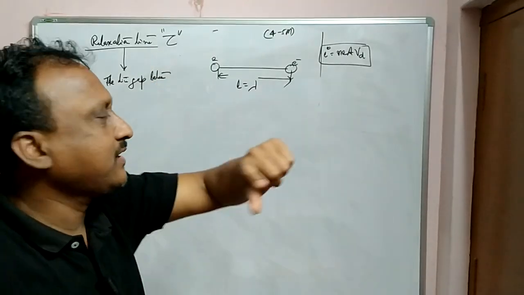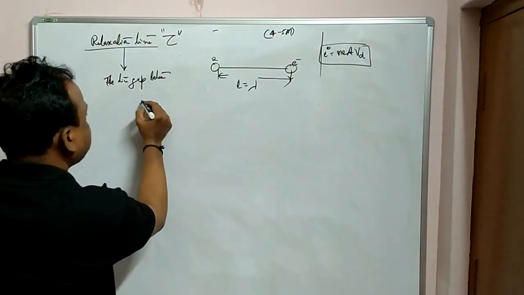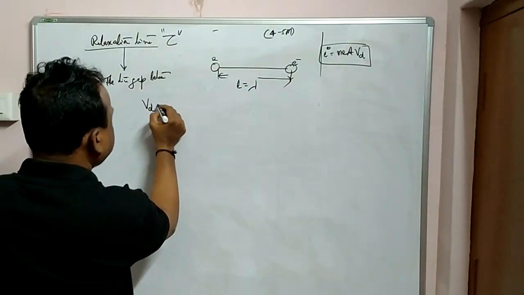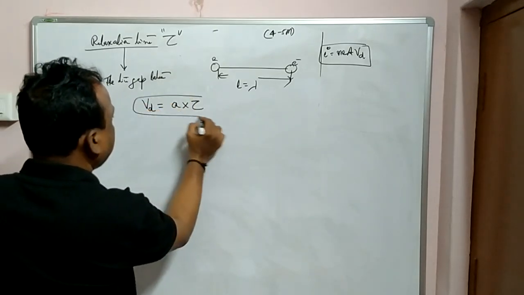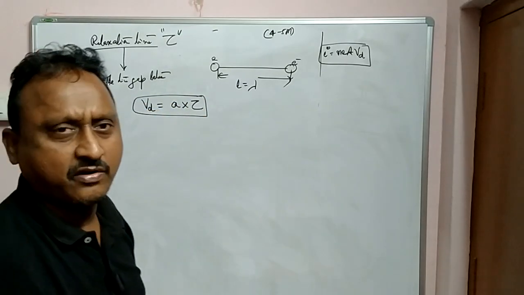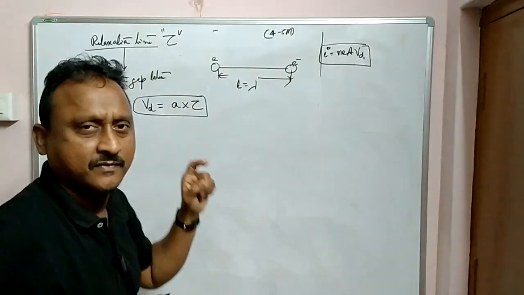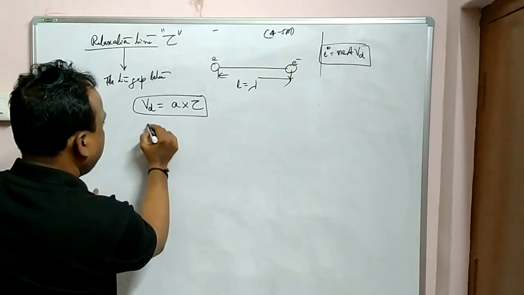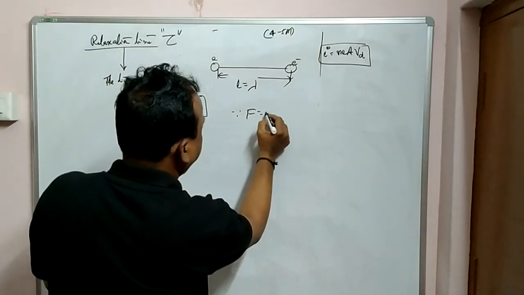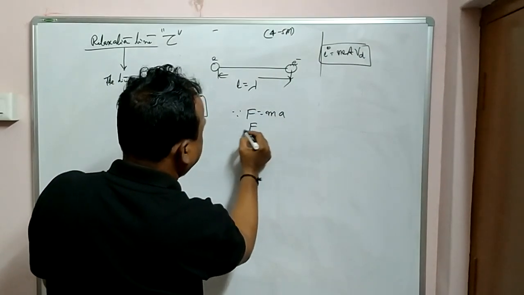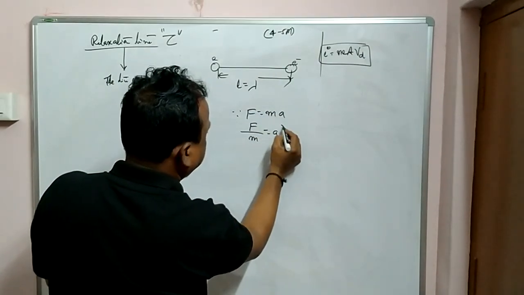Now what is the relation between relaxation time and drift velocity? Generally drift velocity is given by a into tau, that is the acceleration of the electron into tau, the relaxation time. What is the acceleration from Newton's laws? F is equal to ma, or F by m is equal to a.